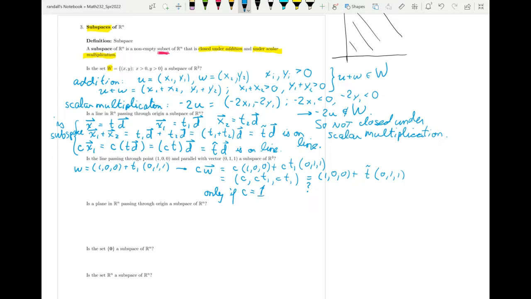If c is not 1, then this vector (c, ct1, ct1) is not of this form unless c is 1. So it's not closed under scalar multiplication, so it's not a subspace.